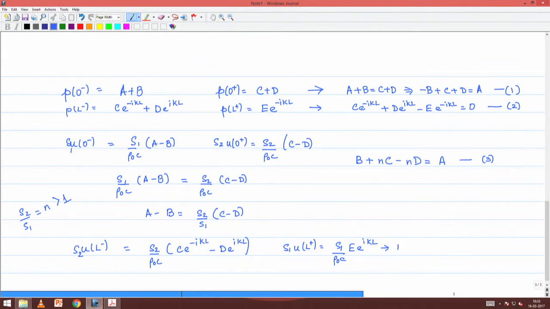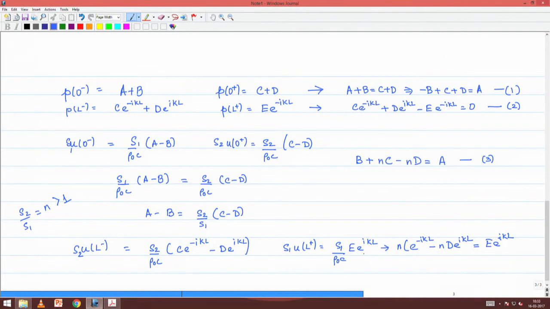So, you will get n C e to the power minus ik L minus n D e to the power ik L is equal to e to the power ik L. I hope I have done the algebra correctly.